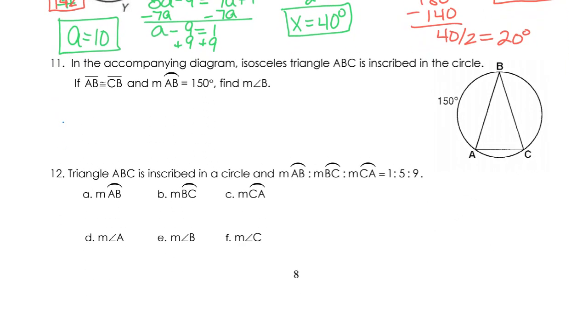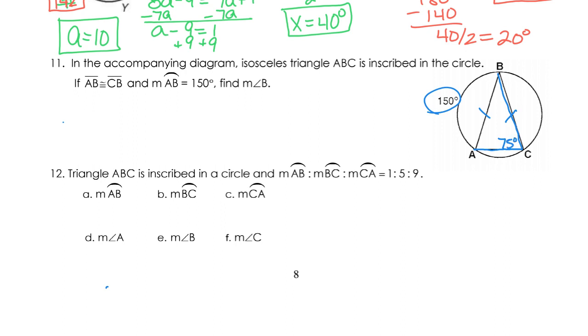Number 11. In the accompanying diagram, isosceles triangle ABC is inscribed in the circle. If AB is congruent to CB, and the measure of arc AB is 150, find the measure of angle B. We can go ahead and say this inscribed angle right here would have the 150 as its arc, and so half of the arc would be 75.